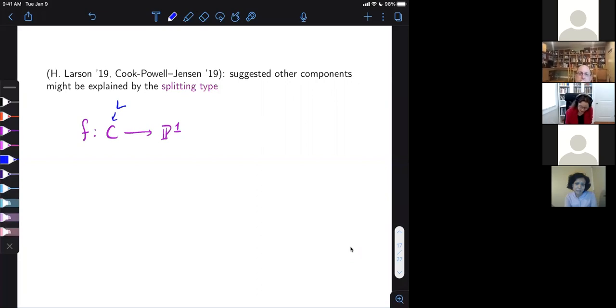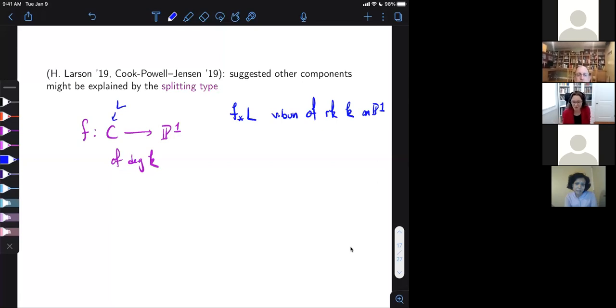And so the splitting type is nothing other than you push forward this line bundle under this finite map of degree k. So now this push forward is no longer a line bundle, it's a vector bundle of rank k on P1, and the splitting type is nothing other than the isomorphism class of this vector bundle.